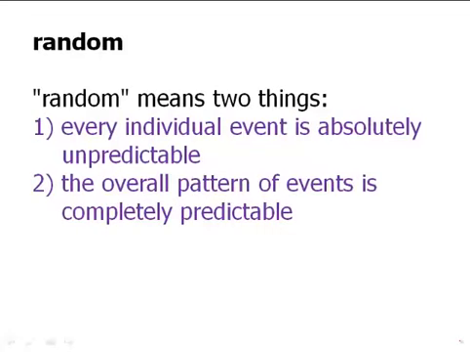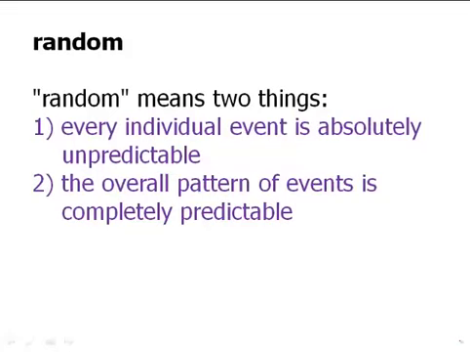But if I were to take the time, say, to flip a coin 1,000 times and log all those results, I would be guaranteed that the number of heads and the number of tails would be very, very close to 50-50. In other words, it would be unlikely to be further from, say, 490 or 510.